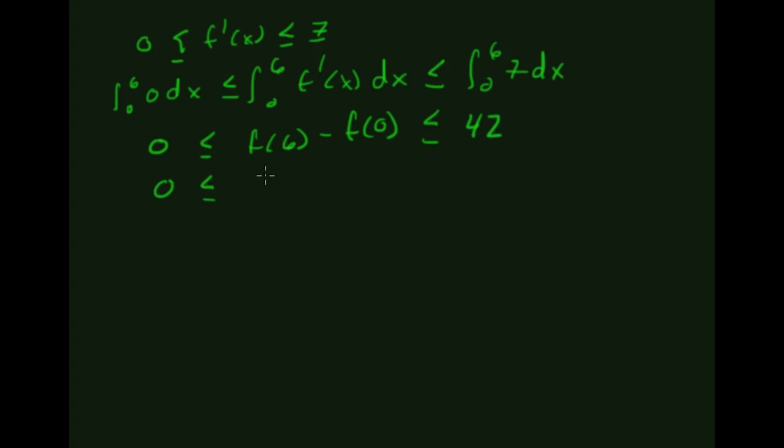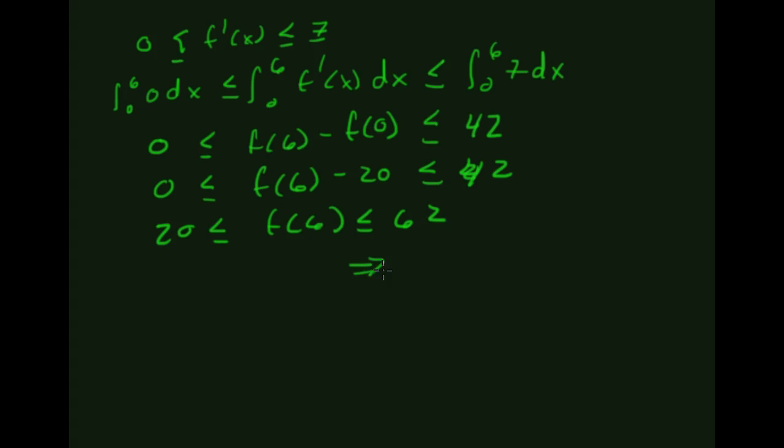But we know that f of 0 is 20, so this means that f of 6 has to be between 20 and 62, of which 70 is not. So f of 6 cannot be 70.